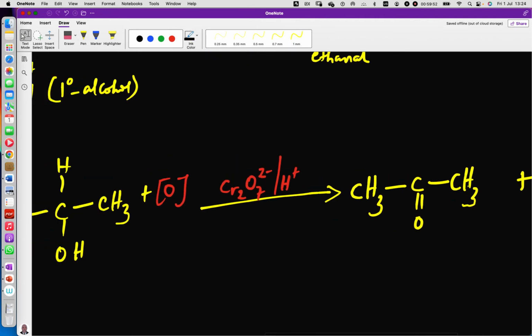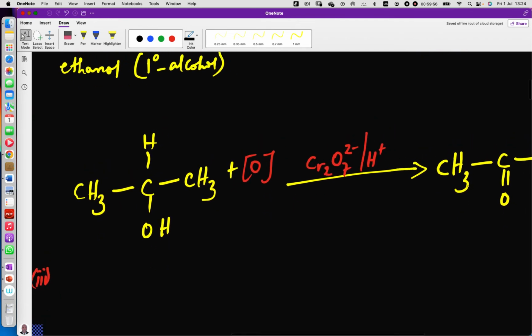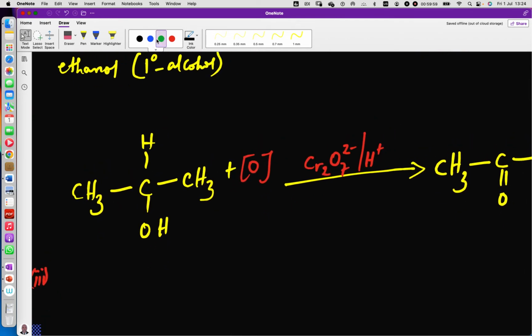Okay, this is what is happening here. See what happens as a result of this oxidation. A molecule of water must be removed. So what do we do to remove this molecule of water? We will do like this.